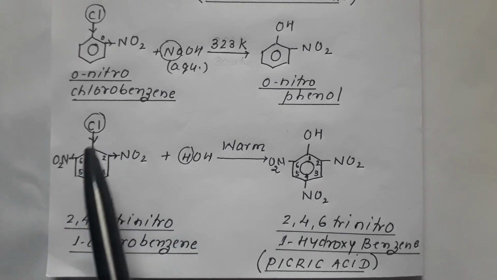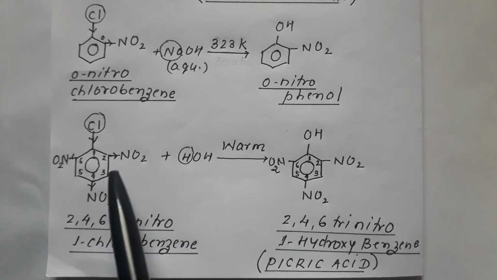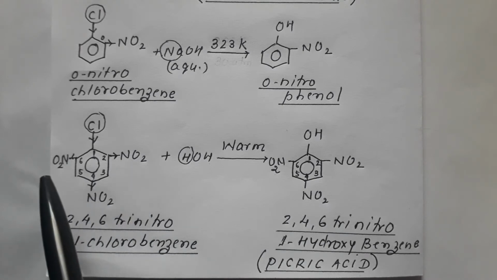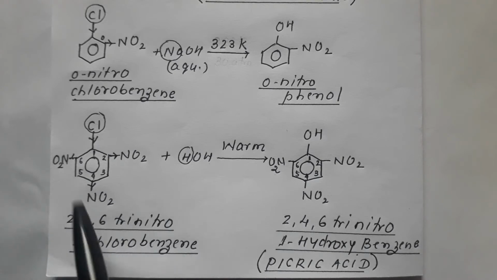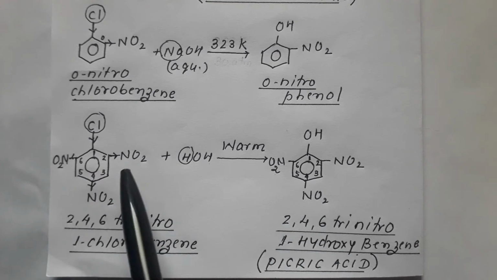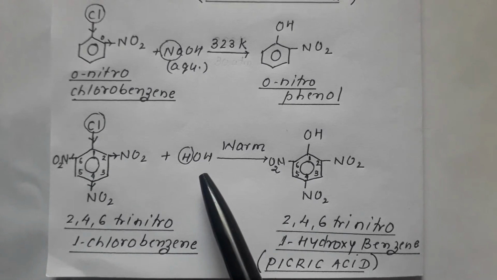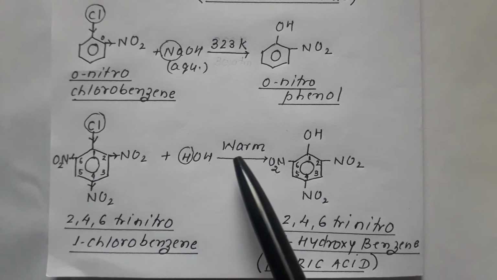Now this compound is 2,4,6-trinitro-1-chlorobenzene. Does reactivity increase? The answer is yes, this reactivity increases so much that the reaction which was not possible with NaOH is now possible even with water just on warming.